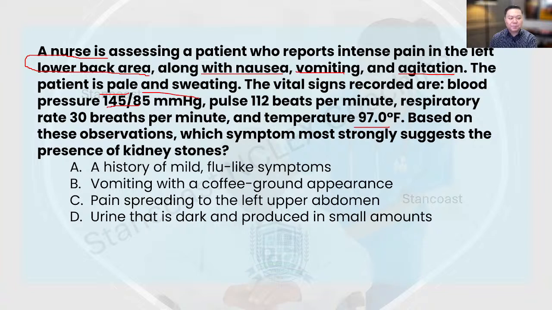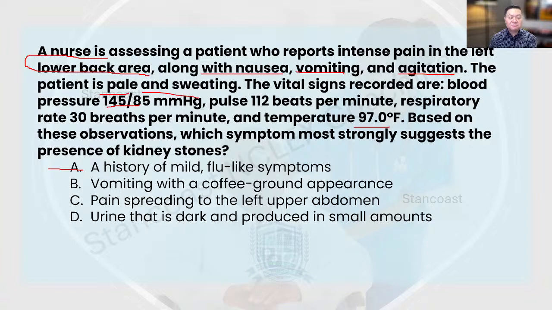So let's go through each item. For letter A, a history of mild flu-like symptoms. What do you think? Did we talk about that earlier? If you're going to pick that as an answer, mild flu-like symptoms like low-grade fever, body aches, could be fatigue, are non-specific and can be associated with other problems.